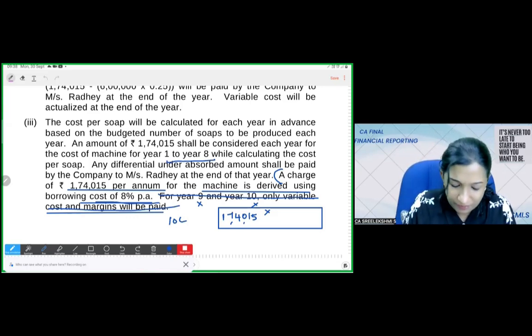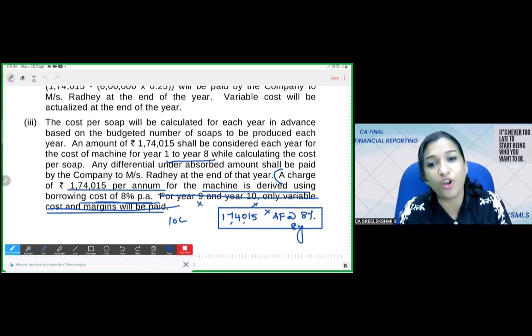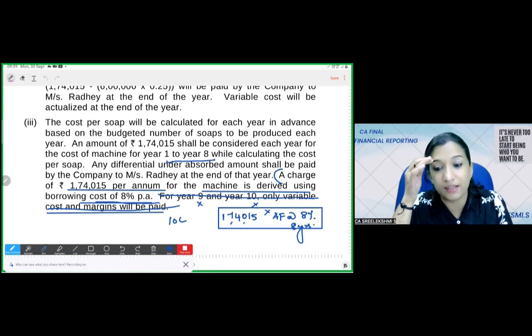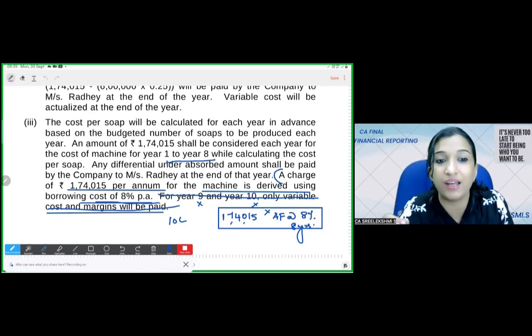So just do 1,74,015 into the annuity factor at 8% for 8 years. Cost of machine will not be collected in year 9 and year 10. We will not collect cost of machine from the buyer, Feel Fresh. Year 9 and year 10, we'll collect only variable cost and margins.